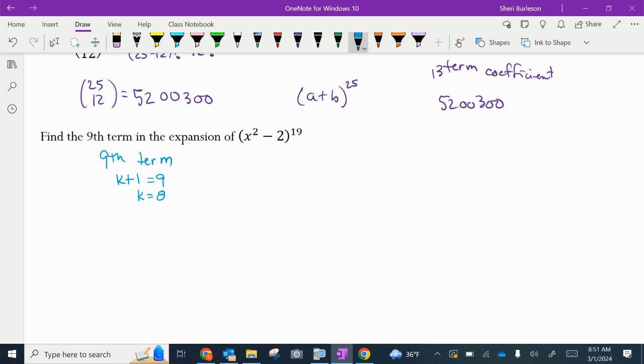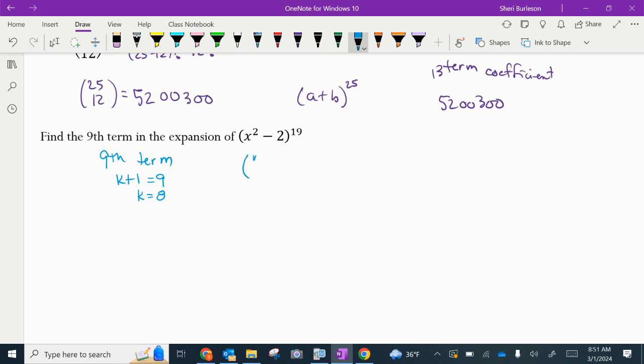So, my suggestion is you always do this. Even as silly as it seems, obviously, if k plus 1 is 9, k is 8. But the physical act of taking that step, the kids that do this, they don't make that mistake on the test. Okay. So that means my k value is 8.